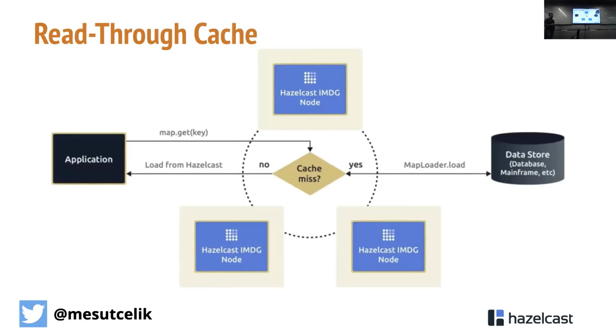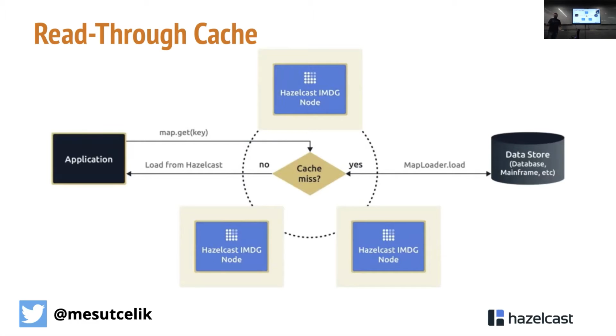There are several use cases where you can use a caching solution in your architecture. One is read-through cache. So in read-through cache, on the application, this can be a microservice, you do map.get, some kind of lookup from the Hazelcast cluster.